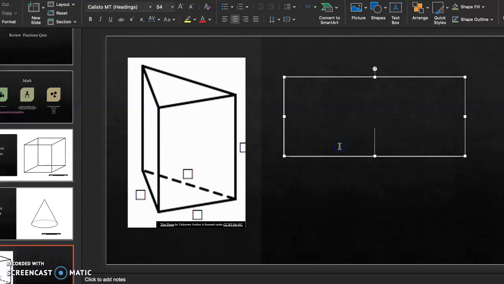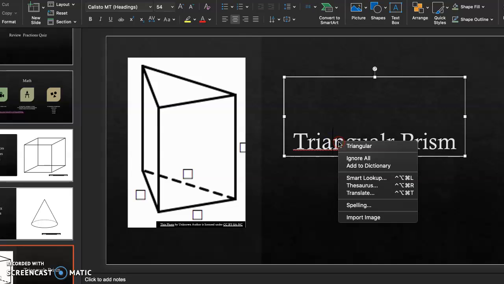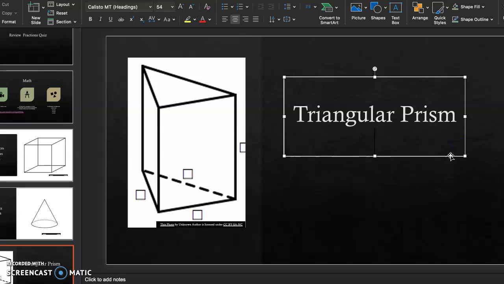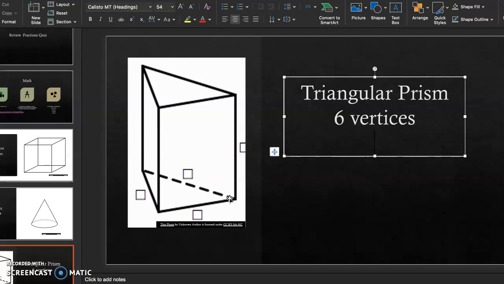Here we have a triangular prism. Triangular prism. All right. Again, how many vertices? 1, 2, 3, 4, 5, 6. 6 vertices.